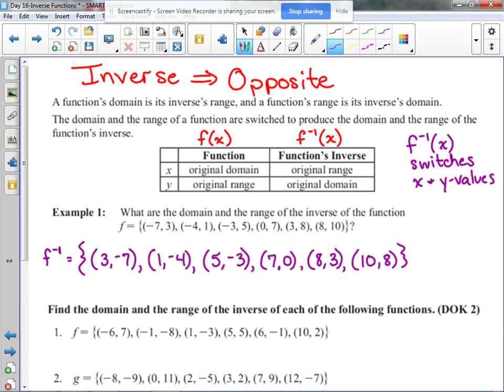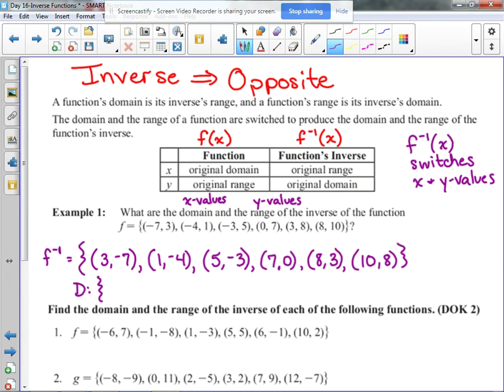So the question didn't really ask us what are the points. It asked what are the domain and range of the inverse. So now that we have switched the x's and y's, let's list the domain and the range. So domain, x values, range, y values. So the x values of the inverse, we're not looking at the original anymore. We're looking at the x values of the inverse.